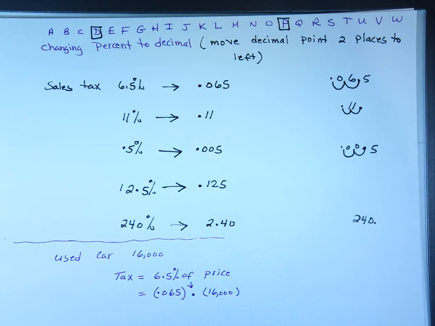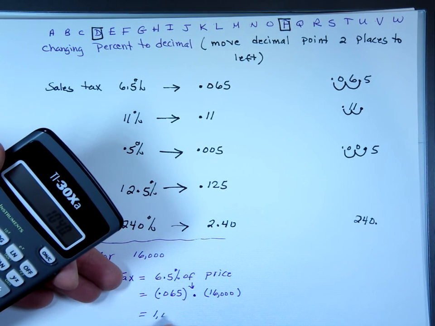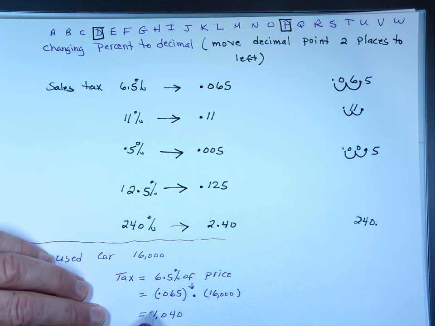So I'll cheat. Let me take a calculator here. 0.065 times 16,000. You better have another $1,000 and $40, 1,040 for sales tax.